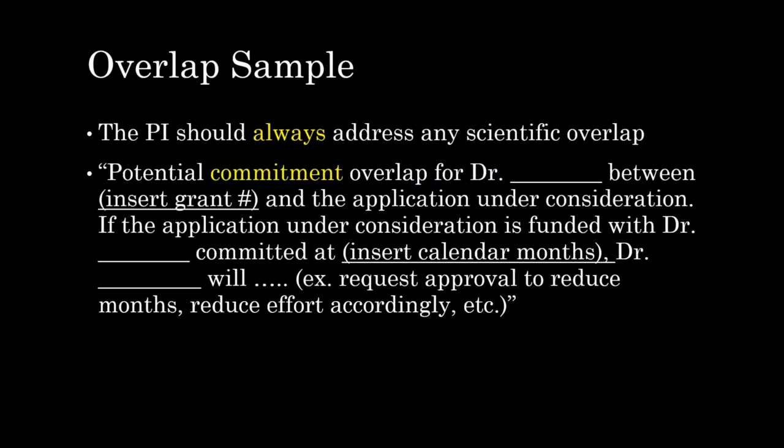And then we always state if the application under consideration is funded with Dr. So-and-so committed at, say, 2 calendar months, how will they reduce their other support accordingly? So this will either require reducing by the 25% rule, or maybe a grant is going to end by the time this grant gets funded, or possibly you will have to go to the GMS and go to NIH or any of the other awarding agencies and make a formal reduction of effort request.